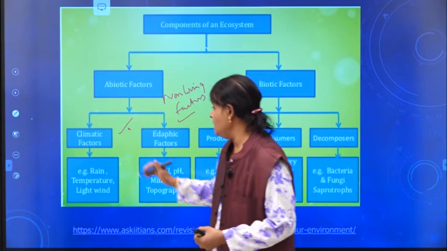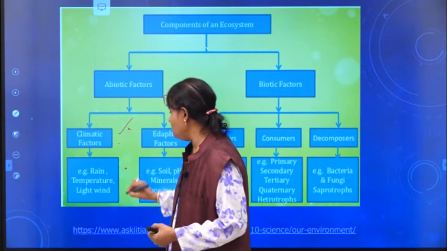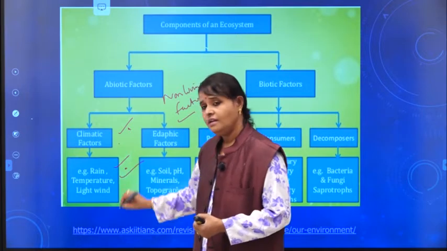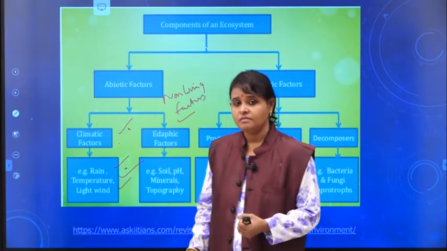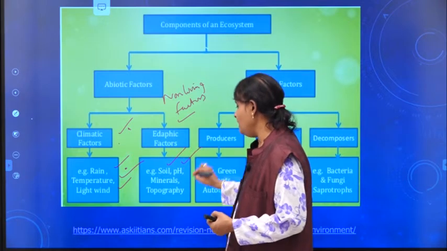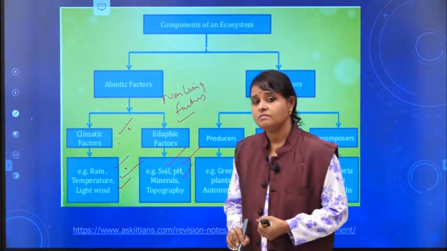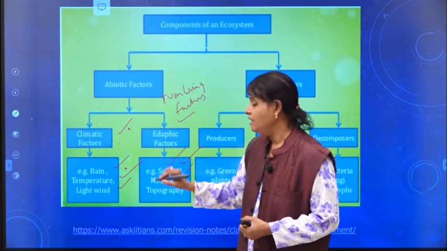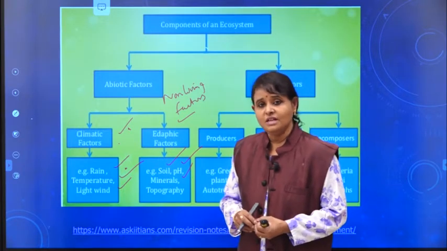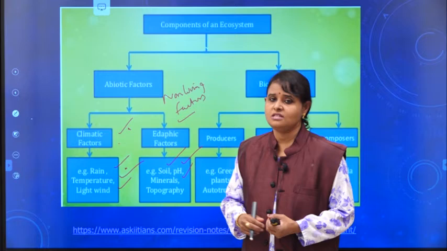Okay. Now you can see climatic factors, examples: rain, temperature, wind, light. Edaphic factors, examples: soil, pH, minerals. These are the examples for edaphic factors. Edaphology means study of soil science.